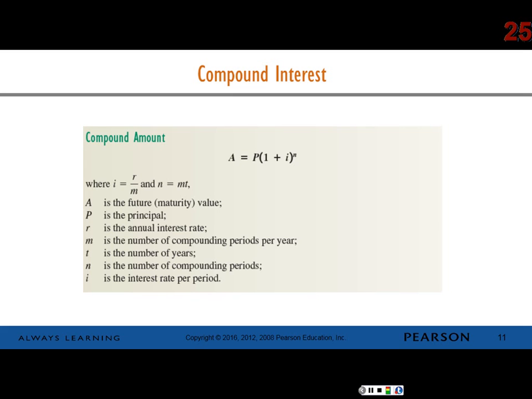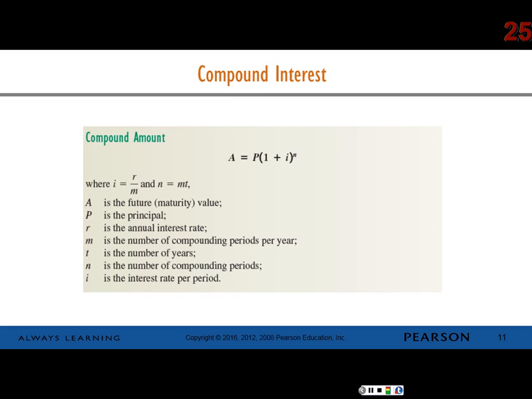Okay, the compound interest amount is kind of like the simple interest amount. Because you notice up there, it's the future value is equal to the present value times the quantity 1 plus I, not R times T, but then what is I? It's the rate times the time. Okay, that's the interest. And on the outside, you see something called N. And that's because the interest in this case is going to be compounded not necessarily at the end of a year.